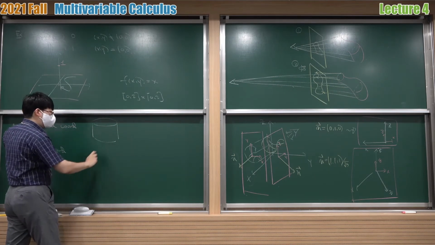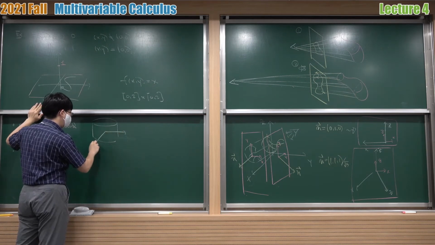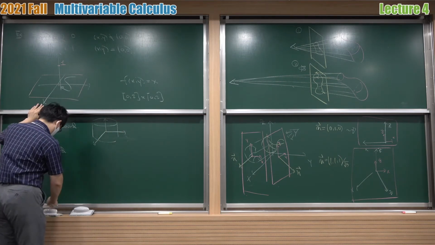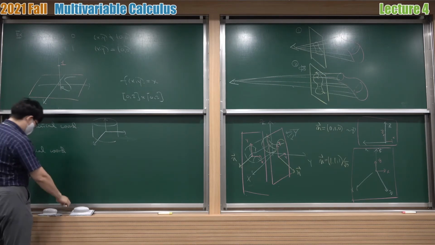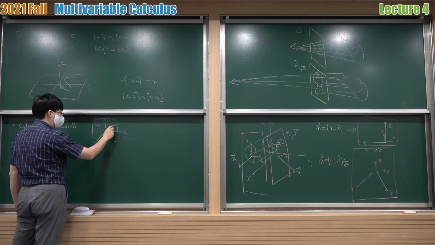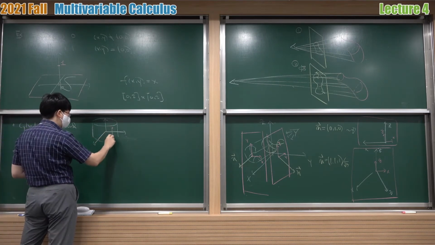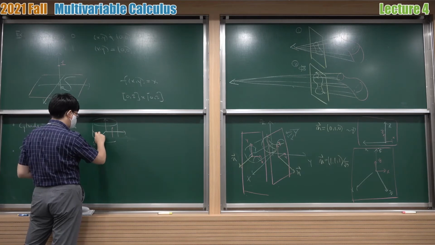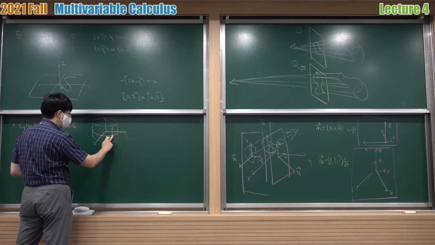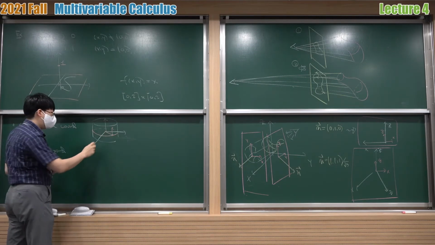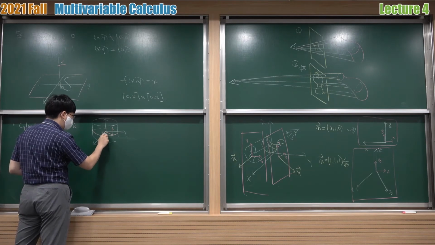The cylindrical coordinate system measures the XYZ coordinates using r, theta, and z. As if your point is lying on the surface of a cylinder, if you project that down onto the XY plane, this point can be identified with the radius of your cylinder and the angle from the x-axis.